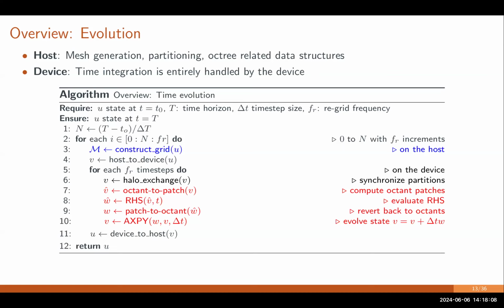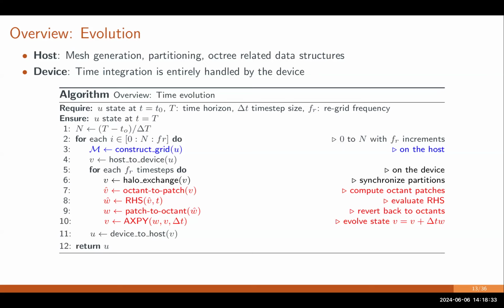In our GPU acceleration, the construction and partitioning of the mesh happens on the host. Once we construct a grid for a fixed number of time steps, we use GPUs to accelerate our time integration.